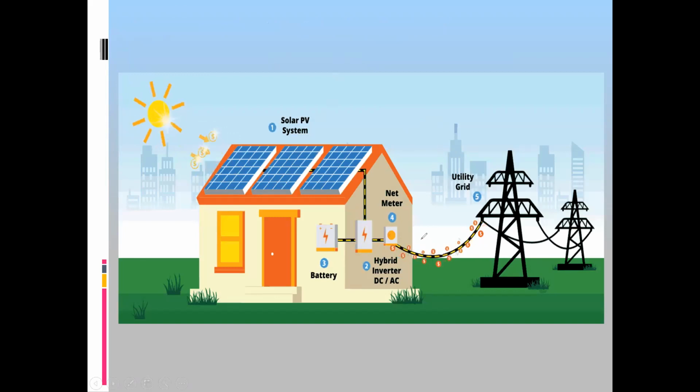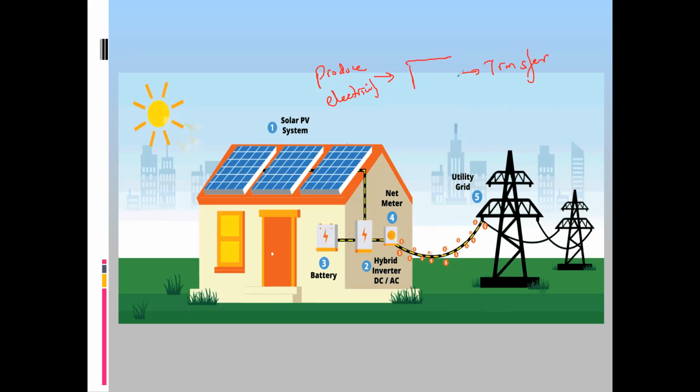In this figure you don't see a transformer, but whenever we produce electricity and we transmit or transfer electricity, from production to transfer, what is there in between them?